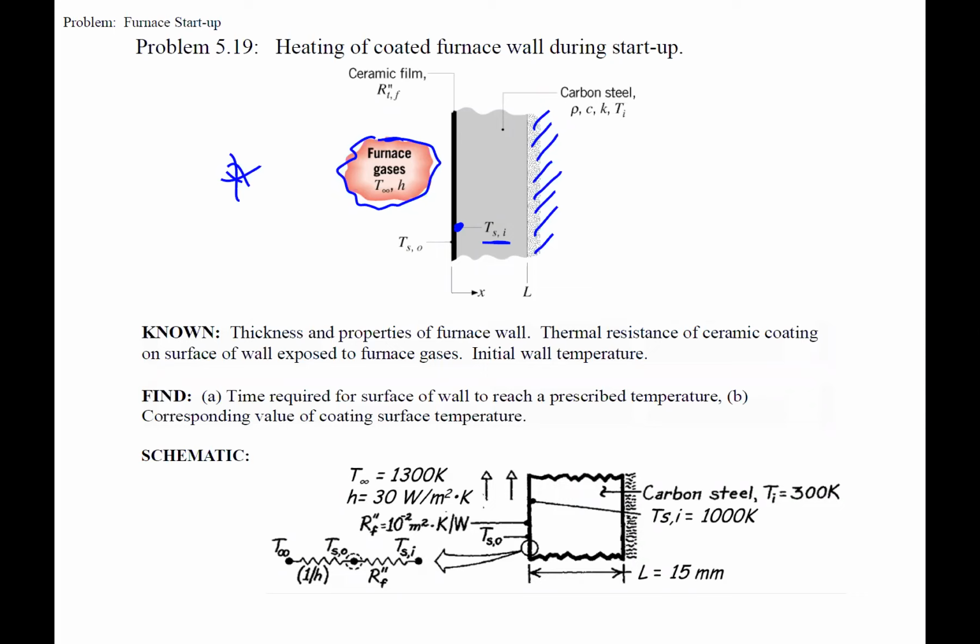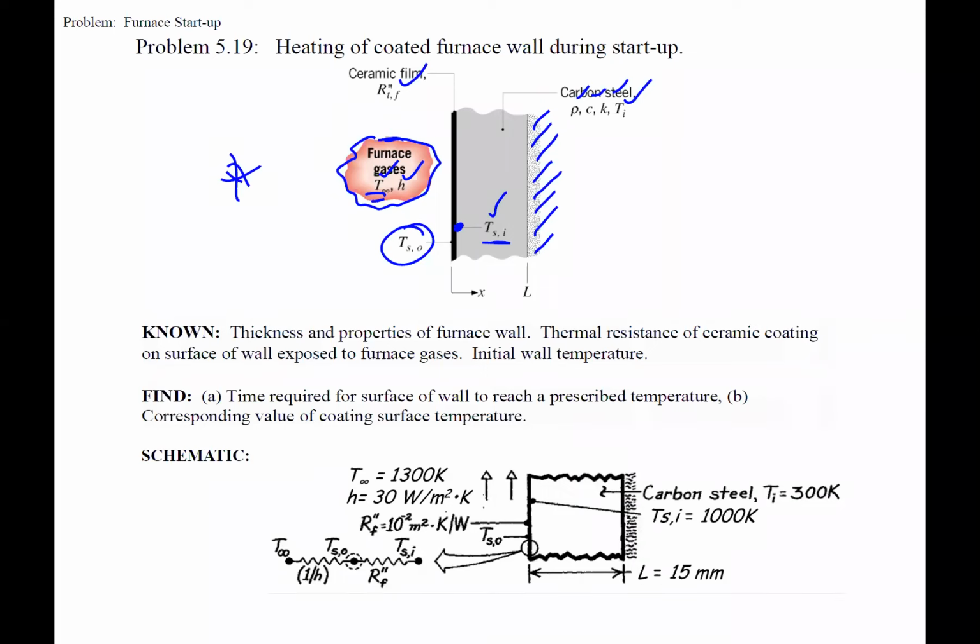So for this film, T infinity was given, h was given, and T_s,i was given. This wasn't given, this is given. We have all our properties given to us, and we have the resistance.